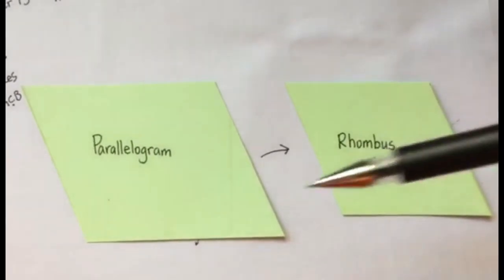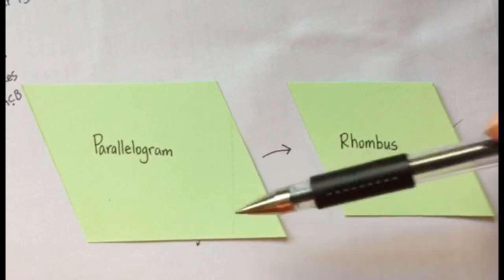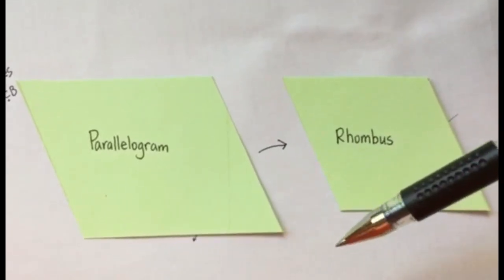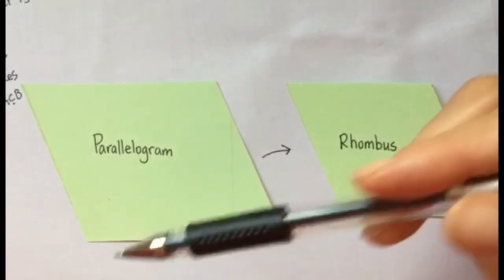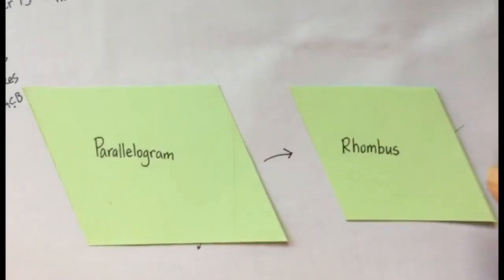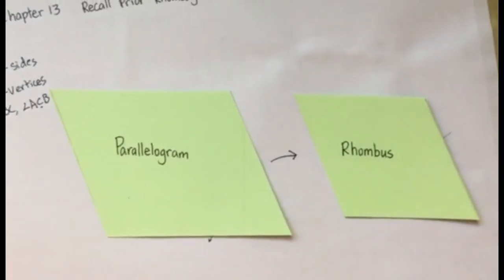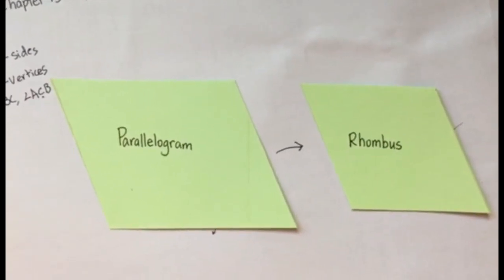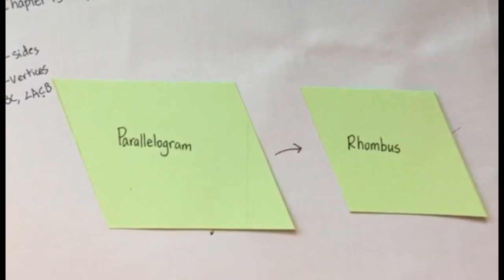They almost look the same because of the way I cut them, but this one does not have four equal sides. This side is longer than this one, I believe. So now we know that a rhombus is a parallelogram with all sides of equal length.